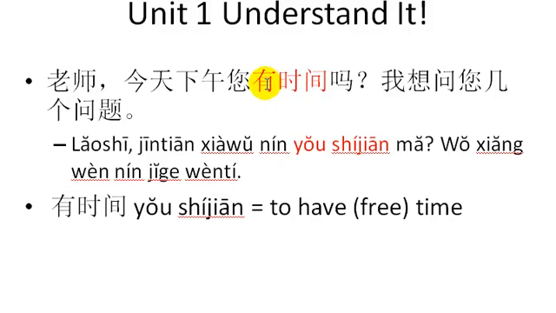有时间，有时间，有时间. So 有, you know, means have, and 时间 here means time. Now remember, in Chinese, when you ask someone what time it is, you say 几点, 几点.